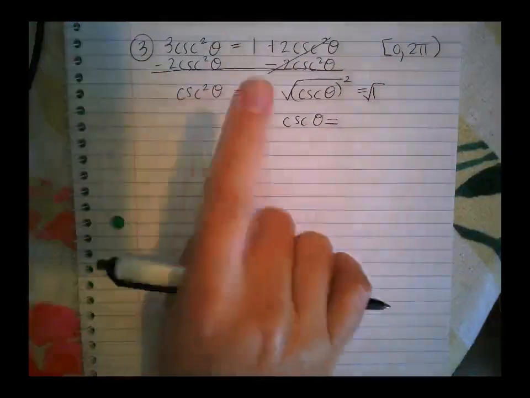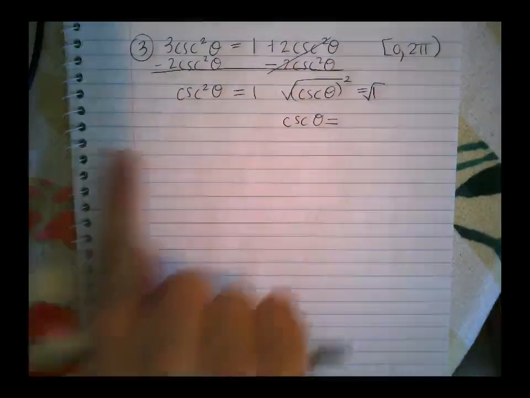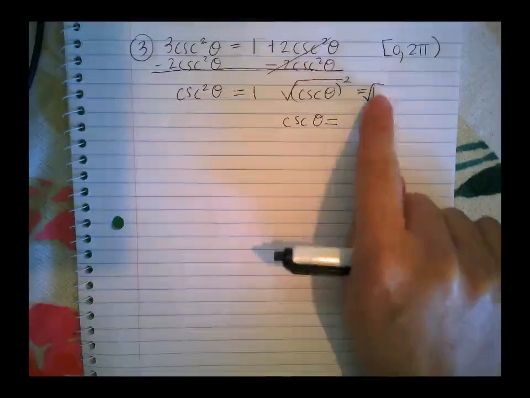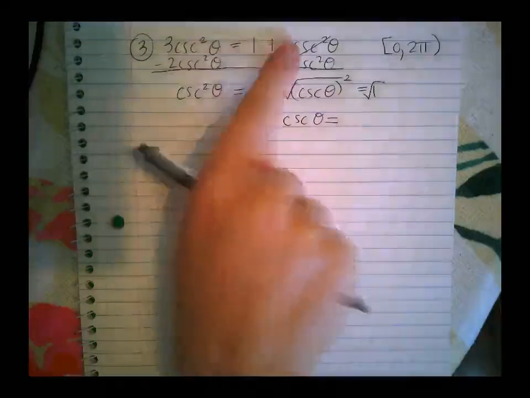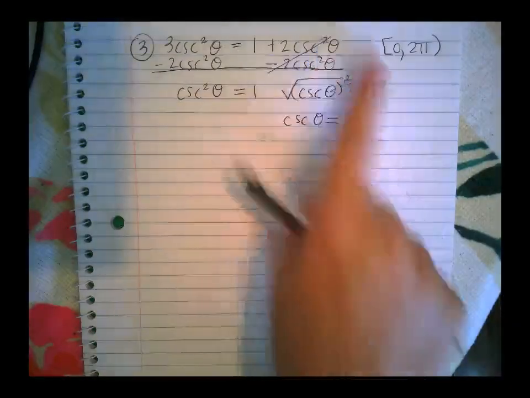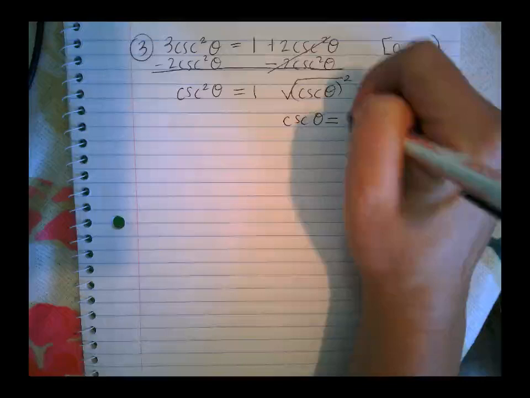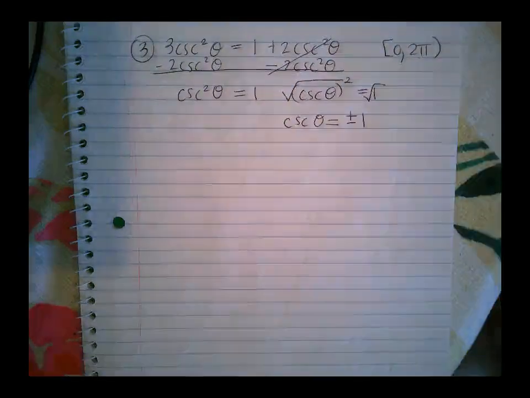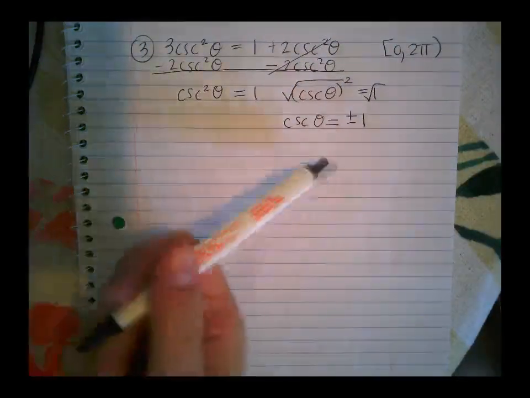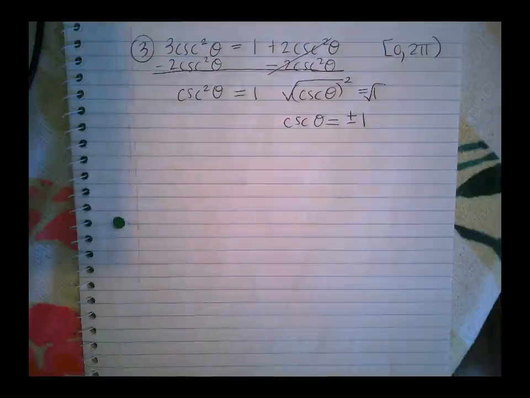On the right, don't forget, when you are putting a square root into a problem that wasn't already there, this problem didn't have any square roots in it until we put it there, you have to assign both positive and negative 1. Well, positive and negative whatever, but in this case, positive and negative 1.